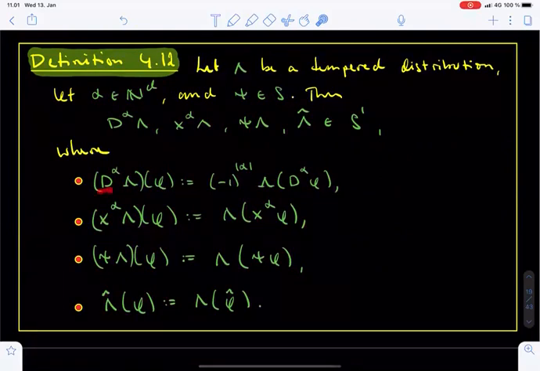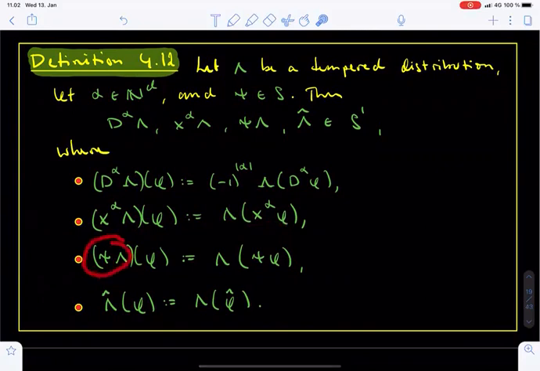First, ∂^alpha of lambda evaluated at the Schwarz function phi equals (minus 1) to the power of the order of alpha times lambda evaluated at ∂^alpha of phi. Second, x^alpha times lambda evaluated at phi equals lambda evaluated at x^alpha times phi.